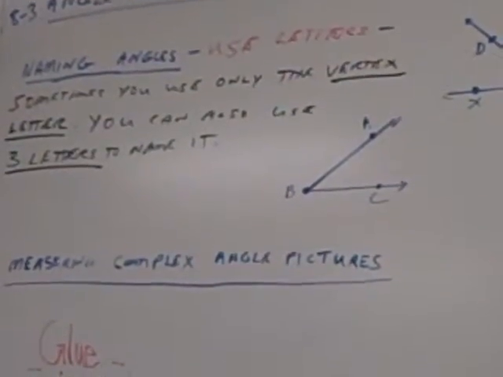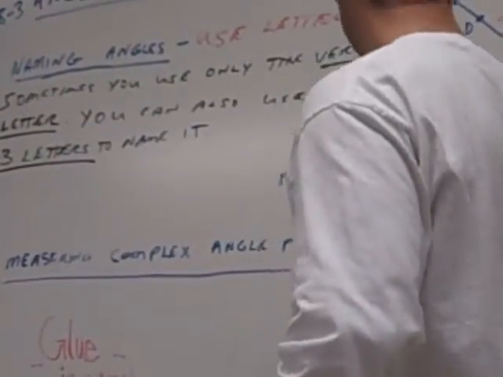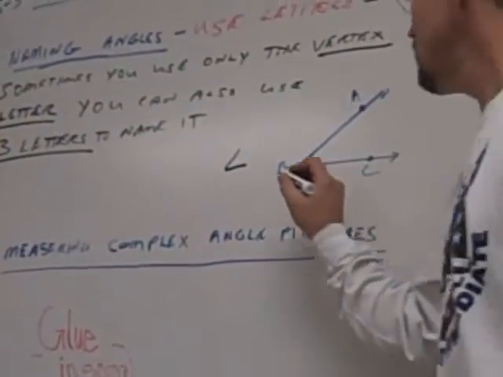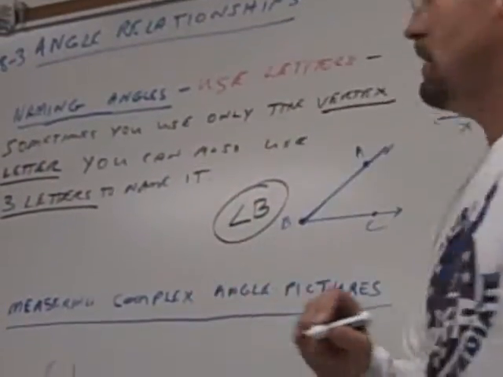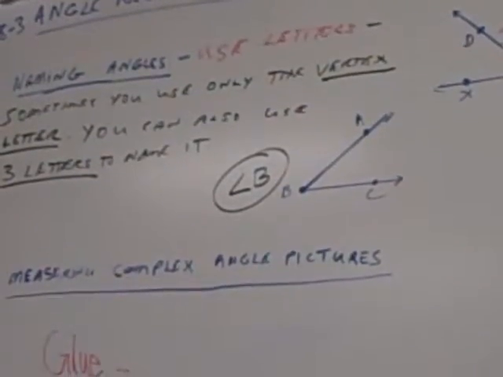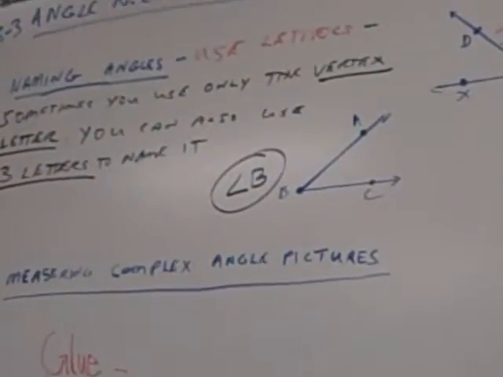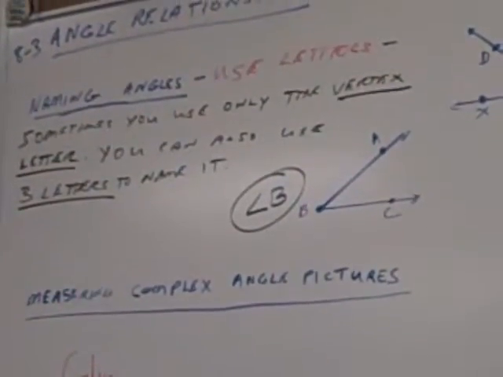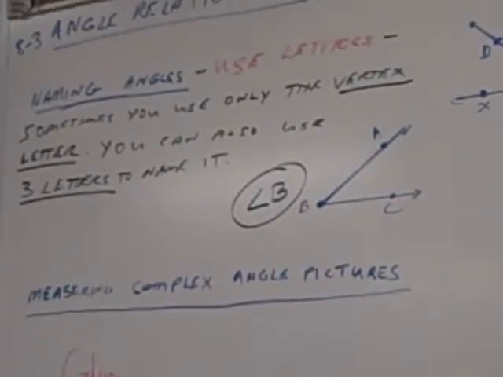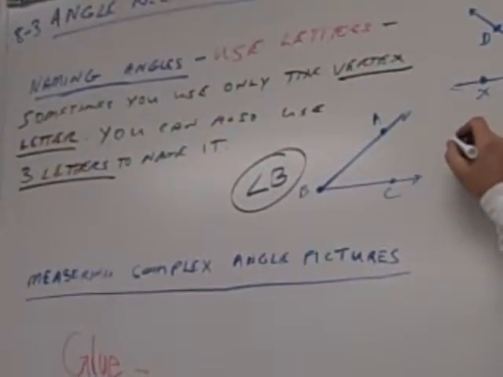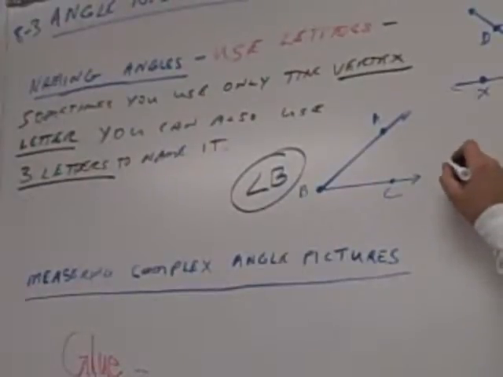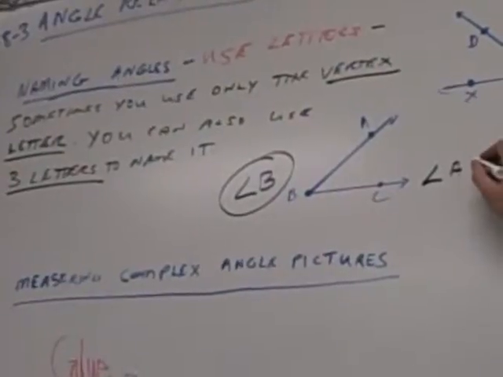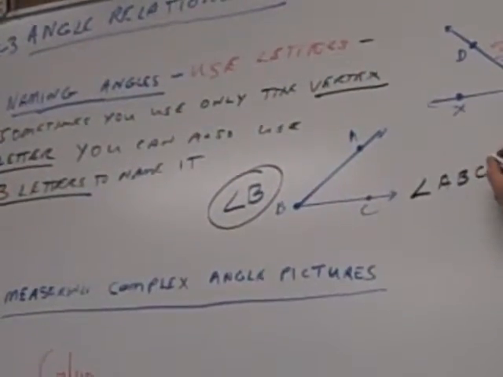Letter B. So I can name this with the angle symbol and a B. That is angle B. I also can name it with the 3 letters that are on there. Angle A, B, C.